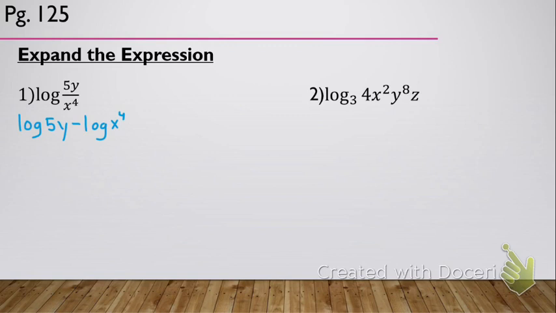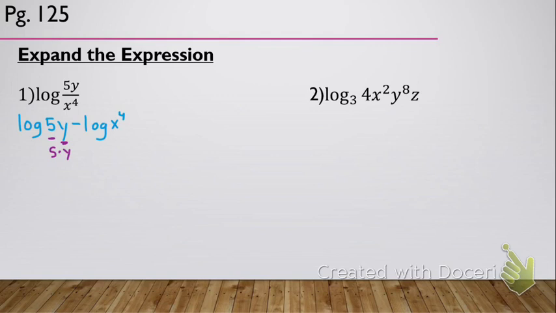First step, check, done. Second step, we're looking for multiplication. So look at this first one, this log of 5y. We've got a 5 and a y, that's 5 times y. There's some multiplication in here. Second one, x to the 4th, no multiplication. It's just one piece, just an x to the 4th, so there's nothing to do with that one, okay?